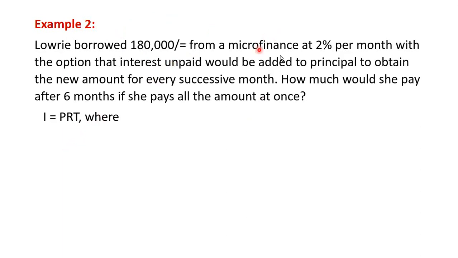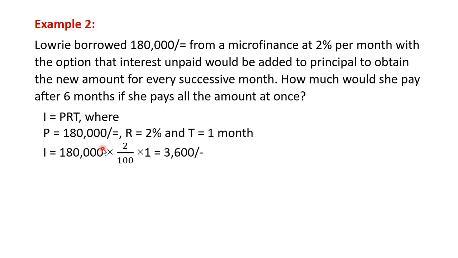The rate is 2%, that is 2 out of 100, and the time is 1 month. Remember, when you're dealing with compound interest, you calculate for each time period. So we are looking at 1 month. So when we substitute, we shall have our interest as 3,600 shillings. That is for that first month.